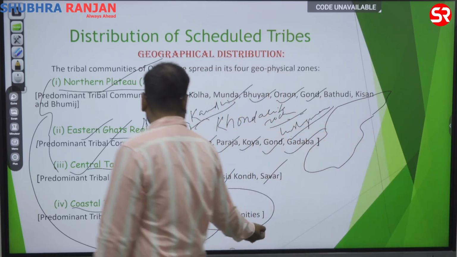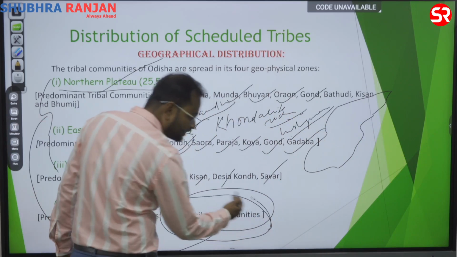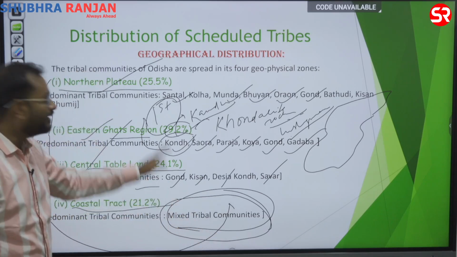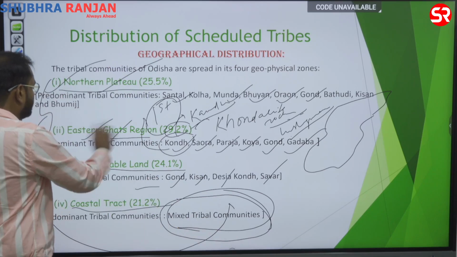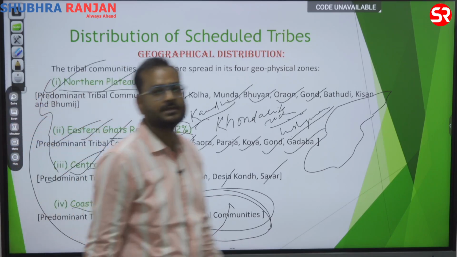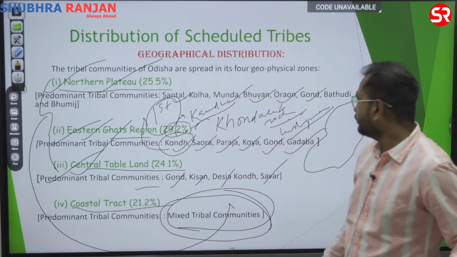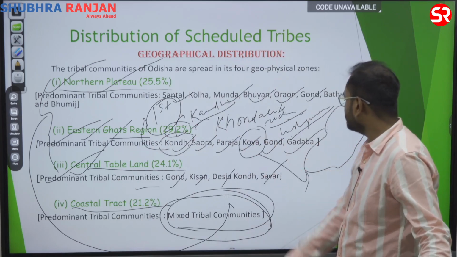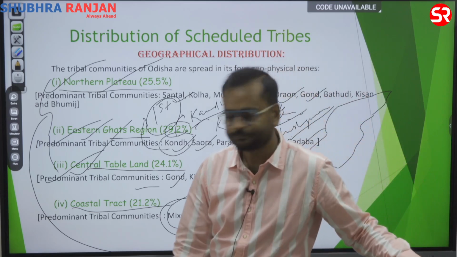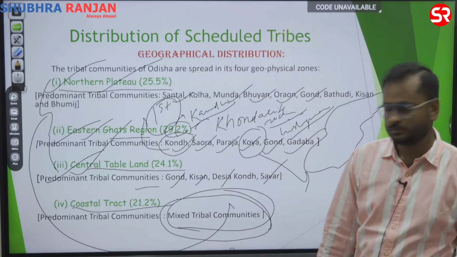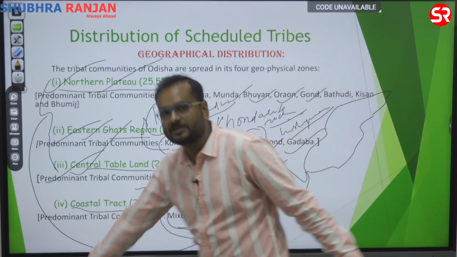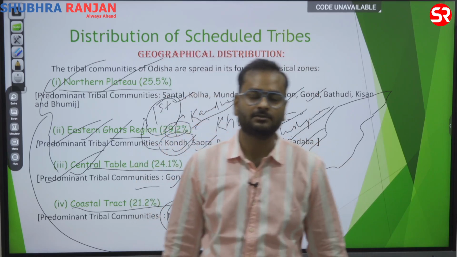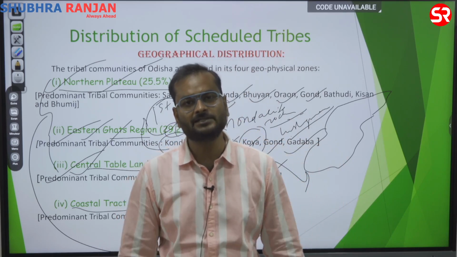That is why this area does not have any autochthonous or indigenous communities of tribals, but these tribals have migrated from the northern plateau, the Eastern Ghat, the central tableland, as well as from neighboring states like Andhra Pradesh. One such tribe is Koya, which is predominantly found in Andhra. Chenchus, such tribes have migrated to the coastal tract because of its booming industrial capacities and the economic facilities available.